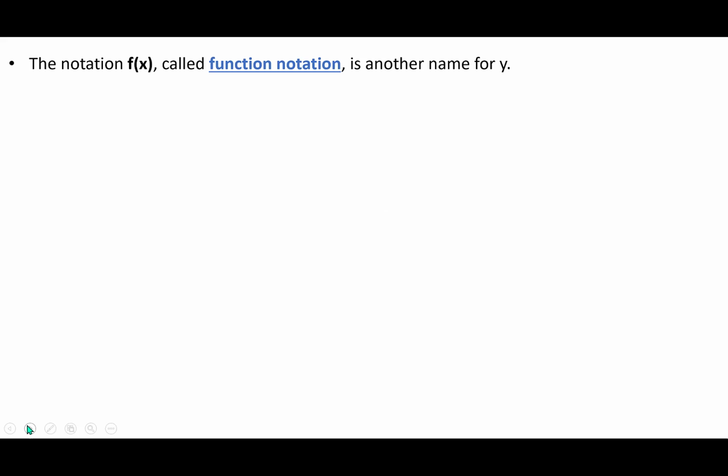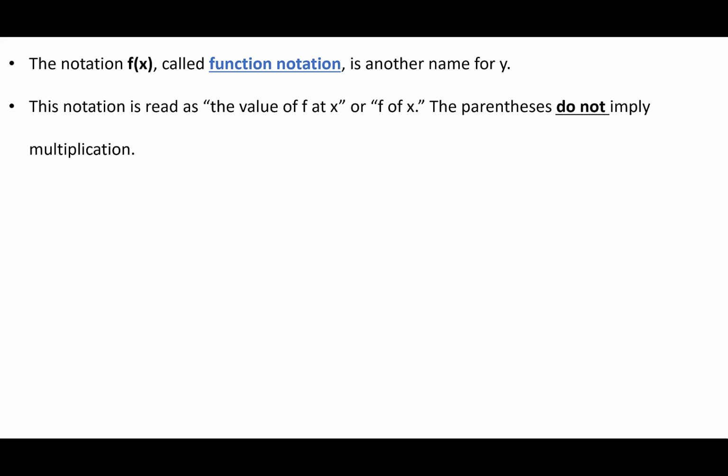So this right here is what we call function notation. Okay, guys, it's another way of saying y. It's another name for y. When we look at this, we read this as f at x or f of x. This is one of the few times my parentheses do not tell me I'm multiplying something.